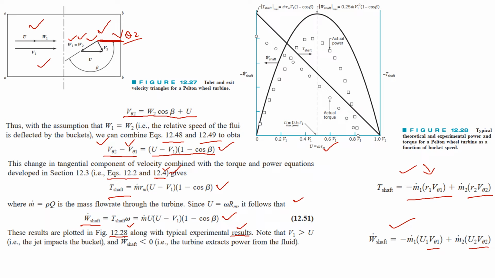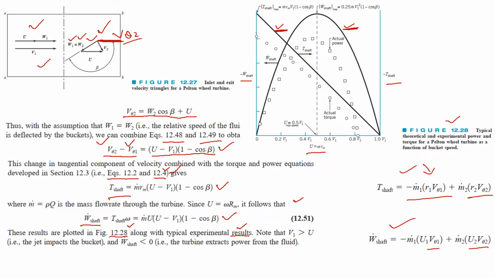This is that figure 12.28, and as you can see, the blade velocity, the shaft torque, and the shaft power are plotted for different conditions. The solid black lines are the lines that we get from the equations: the theoretical torque and the theoretical power involved.